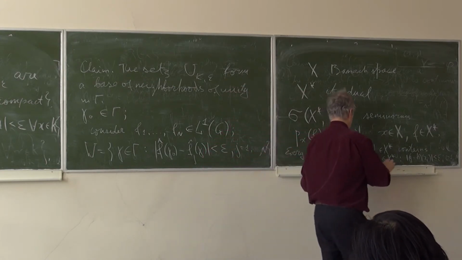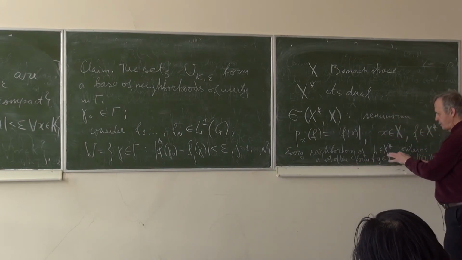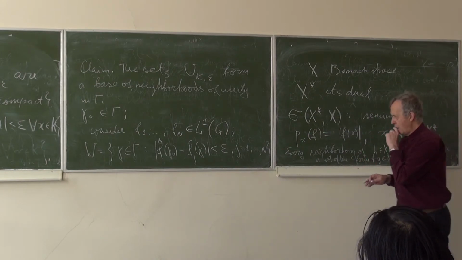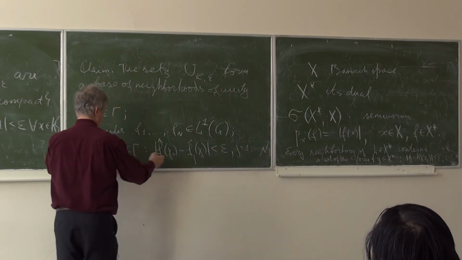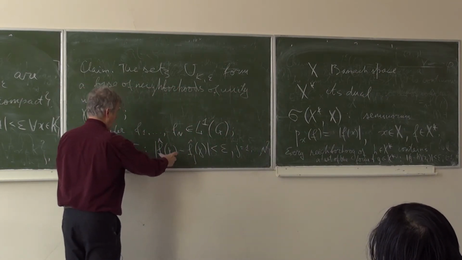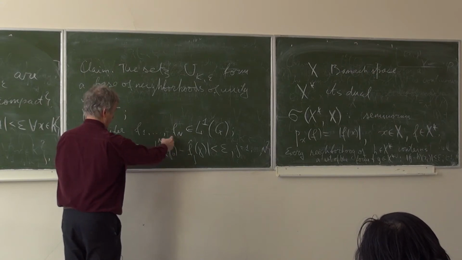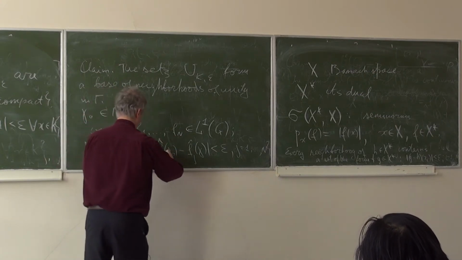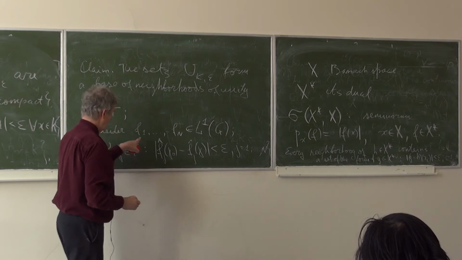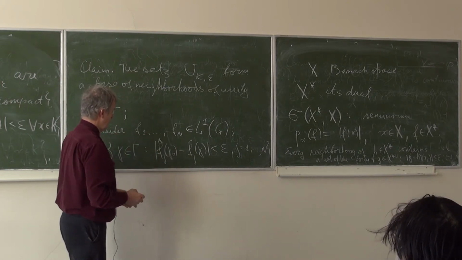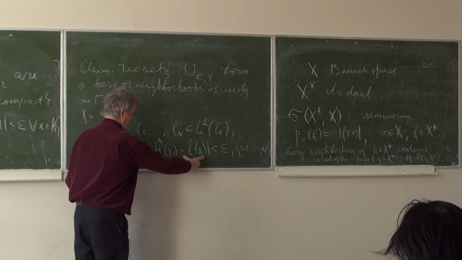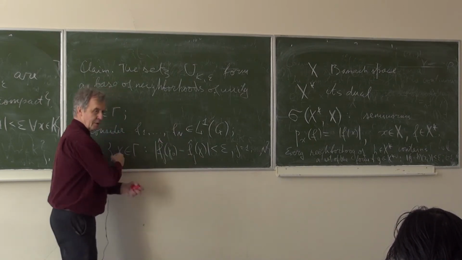So in accordance with what I recalled about this weak star topology, all neighborhoods of a given point gamma are defined as follows. We must fix some functions f_j in L1, and we must consider all characters so that we have this inequality.